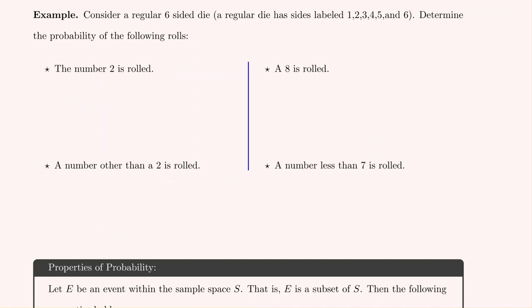Now in our next example, let's consider a regular 6-sided die. And remember, a die is a cube, and on each of the 6 sides there's a different number of dots. We've got 1 dot, 2 dots, 3 dots, 4 dots, 5, and 6 dots.